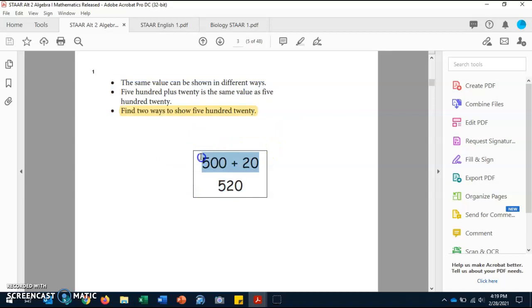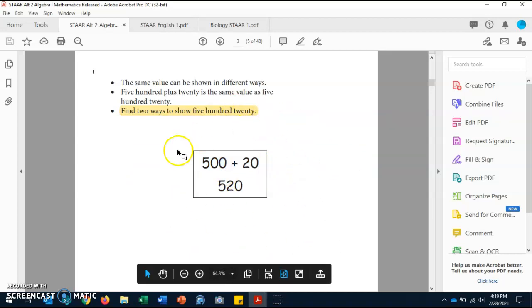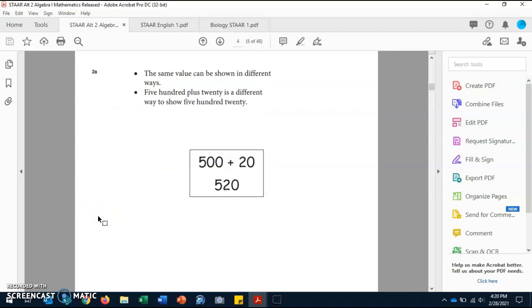It's this right here. I don't have a pencil to circle it, so I am just going to do it through here. This is giving you the 2 ways to find 520. So you should have circled this image right here. Awesome job, boys. Now let's go on to question number 2.